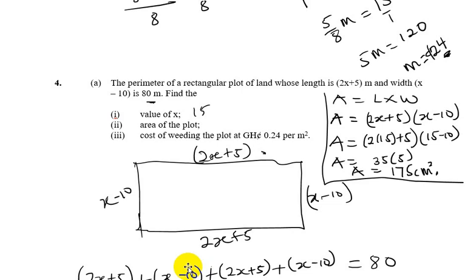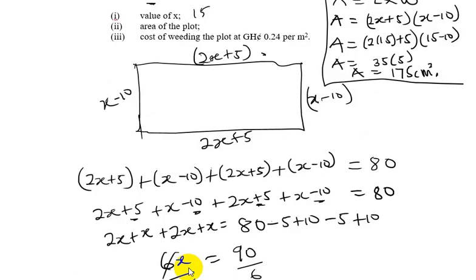Now, our last question says that the cost of weeding the plot is 0.24 per meter square. Now we are looking for the cost, right? Per meter square means that every meter square costs 0.24. But we had the total area to be 175 meters square, right?